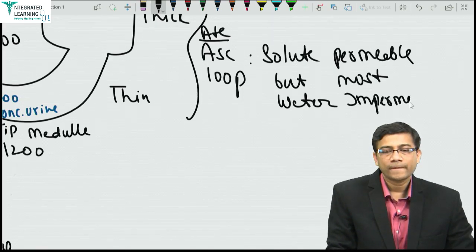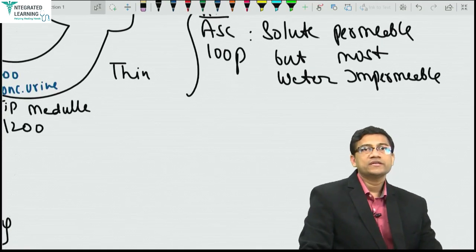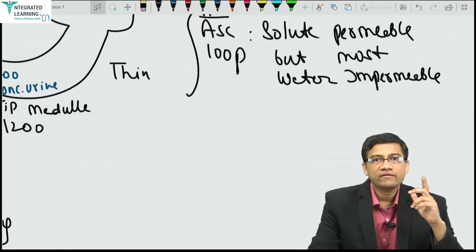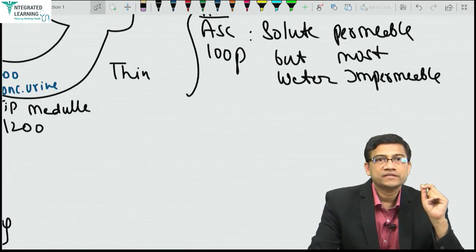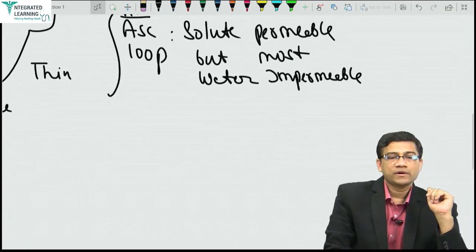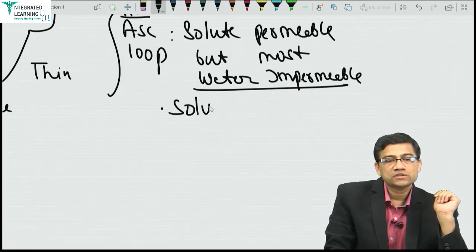I hope it's clear. It is the most water impermeable structure we will have. Is it clear? Yes, the ascending loop of Henle is the most water impermeable structure. MCQ. So what is absorbed here? Obviously solutes are reabsorbed here.